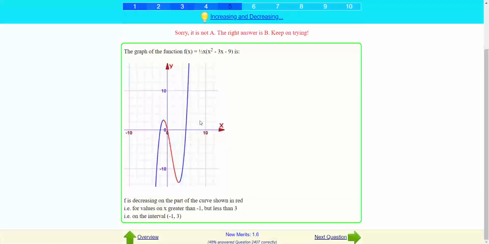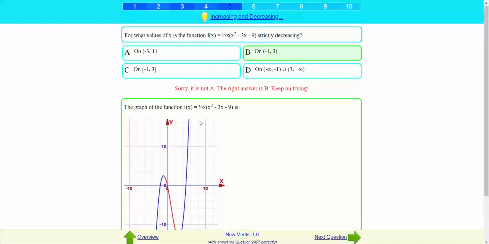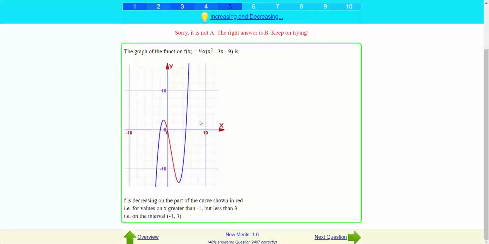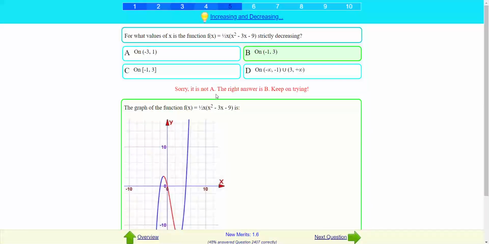But again, it could be useful. Because there's no way of solving this except through the graph. You need to plot it, and then from the graph you'll realize that it's from here to here.